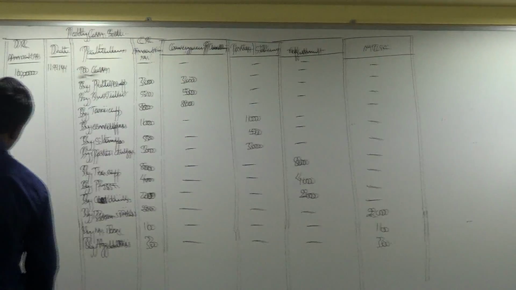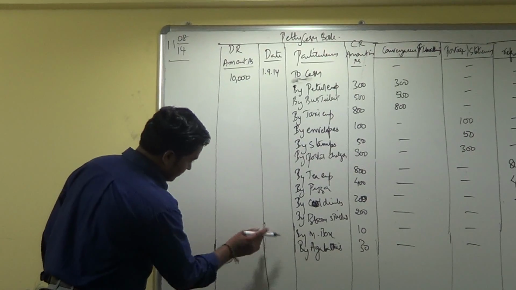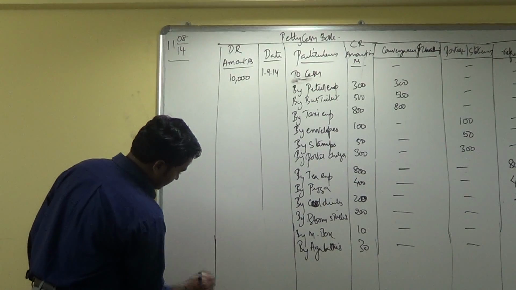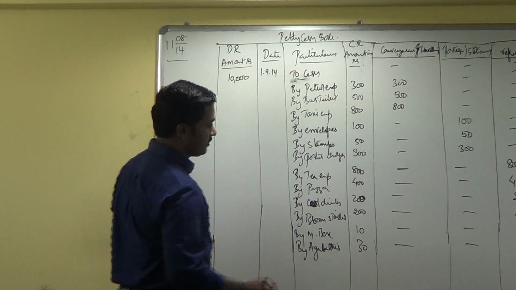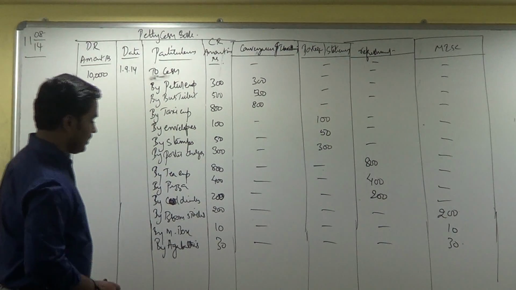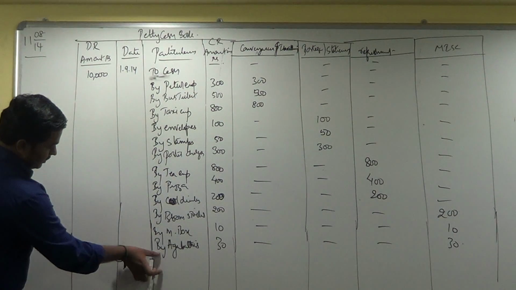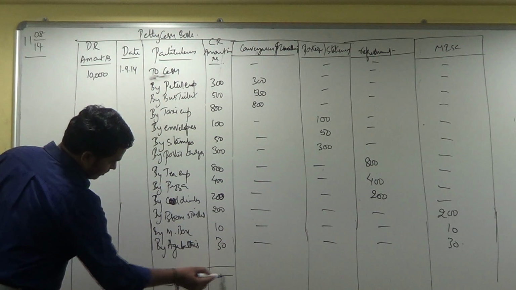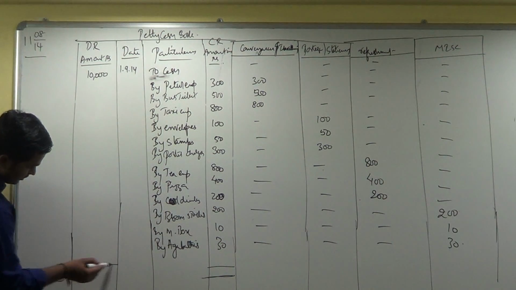Now, how do you balance? Look at the board, everyone. You leave one line space here. Draw a box like this.